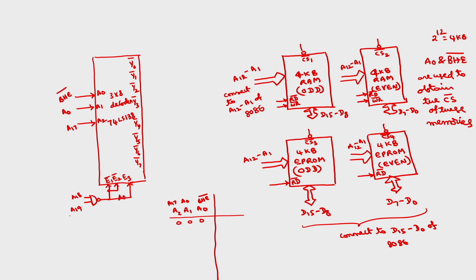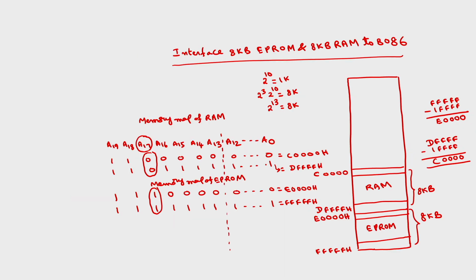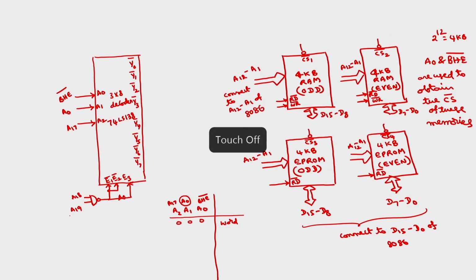So if it is 0 0 0, what is the operation? A0 is 0, BHE bar is 0, which means it is a word operation, and A17 is 0. In case of RAM, A17 is 0; in case of EPROM, A17 is 1. 0 means RAM, 1 means EPROM.